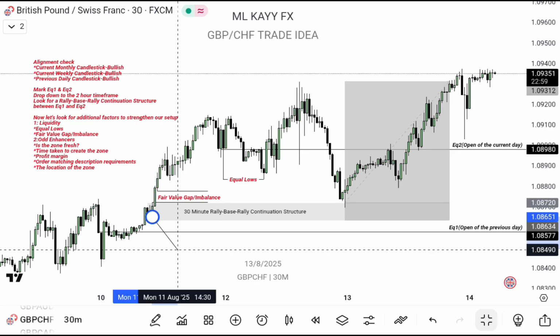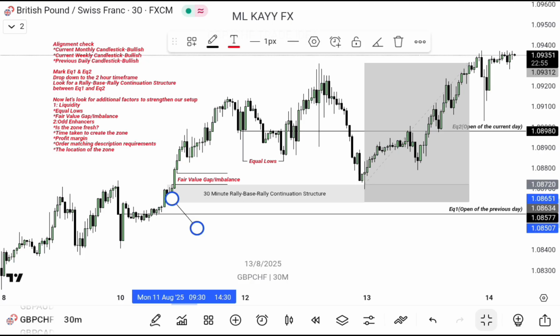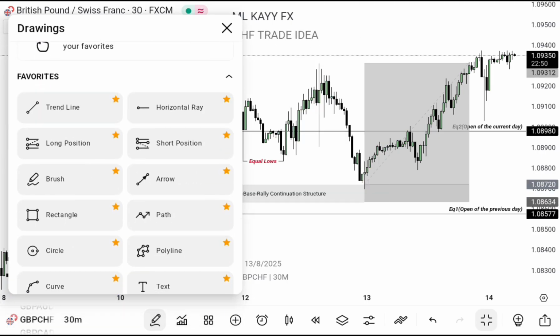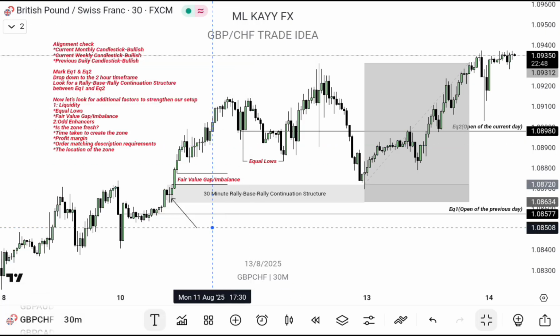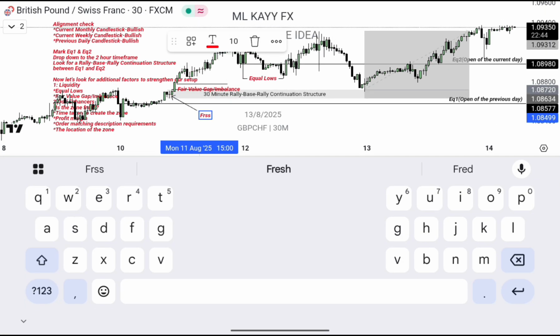Now let's check our first odd enhancer, right? Our first odd enhancer says, is the zone fresh? Yes. What do you mean by the zone is fresh? We mean after price created the demand zone, it has never retested it.